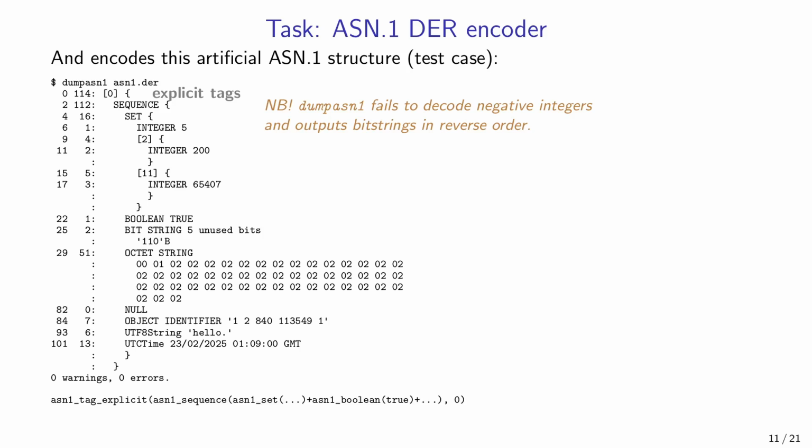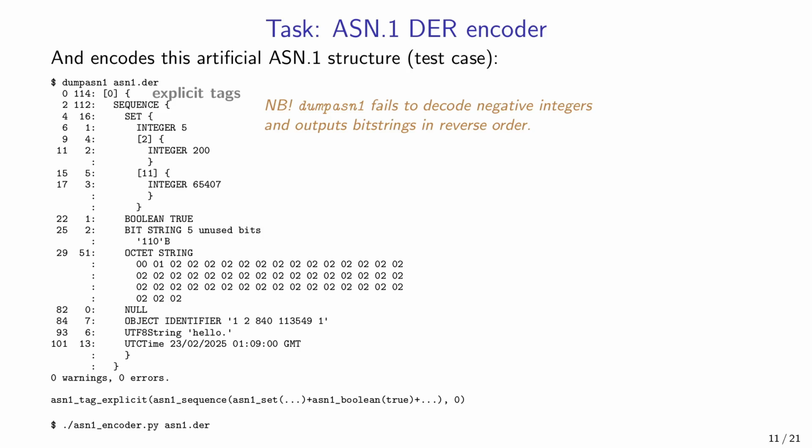You will construct it by calling your encoding functions in the correct order and passing the correct arguments to them. So you have ASN1 boolean true here, which corresponds to this boolean true position here. Then ASN1 set here, which corresponds to this set here, and so on. So you have to complete the missing parts here. Okay?